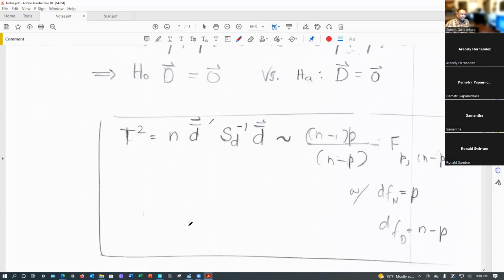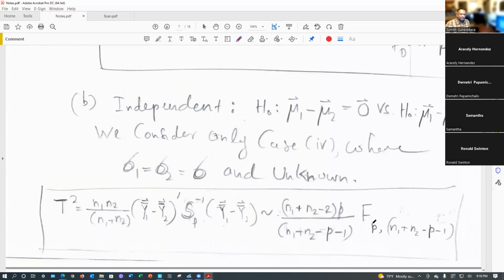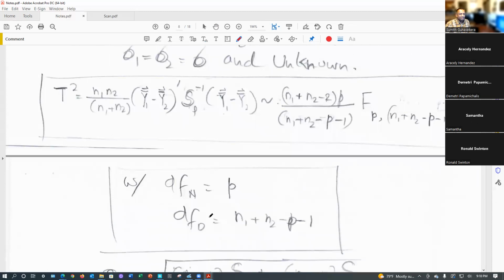Here, T squared doesn't become the F distribution right away. T squared has to be multiplied by this factor. Degrees of freedom for the numerator and denominator are this part.